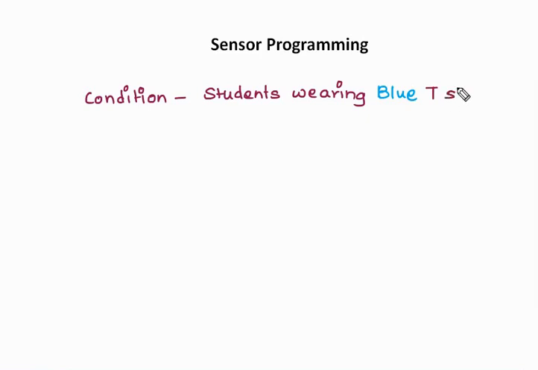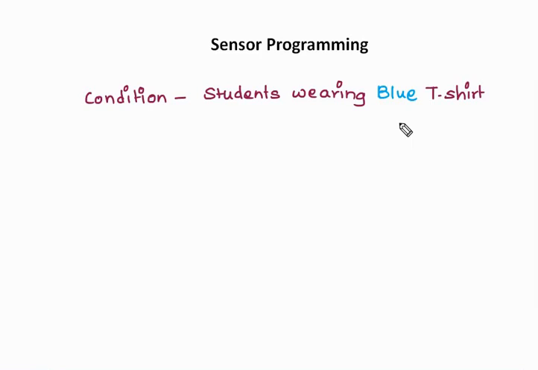Now I know the Blue House students wear blue t-shirts, so it is a condition which I know. Students wearing blue t-shirts, I need to get them to one side.